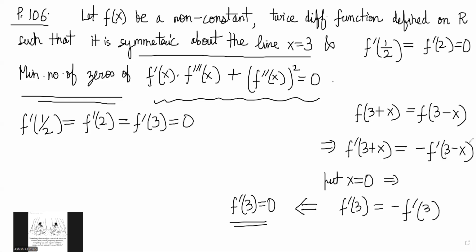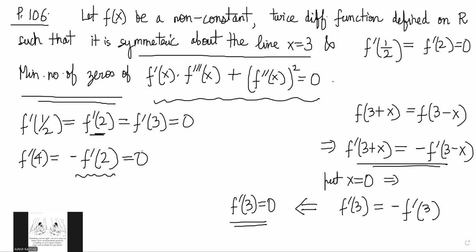Now in the same condition, if I put x = 1, I will get f'(4) = −f'(3 − 1), that is f'(2). But notice that f'(2) was already 0, right? So this implies that f'(4) is also 0, right? And then we can also take advantage of the half condition and get a half here somehow.